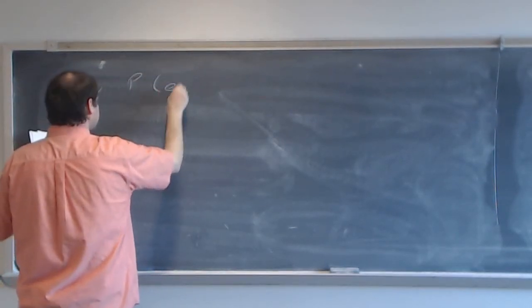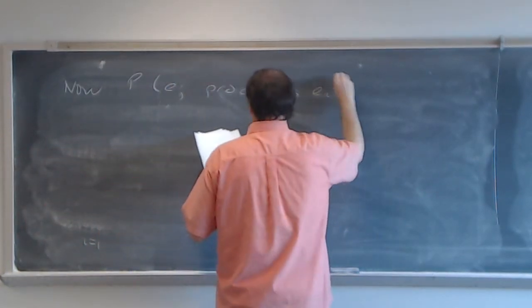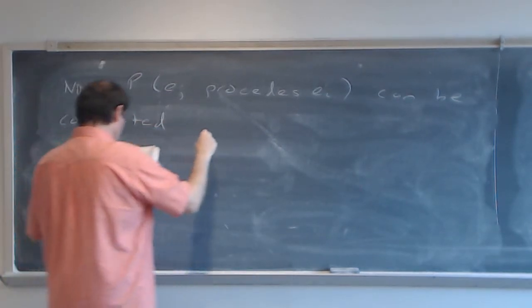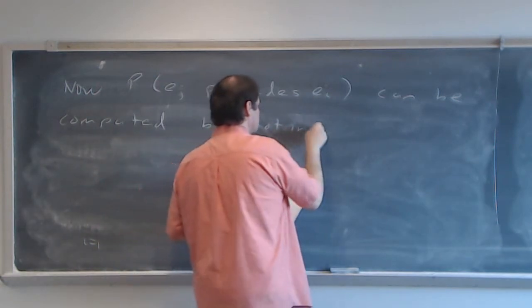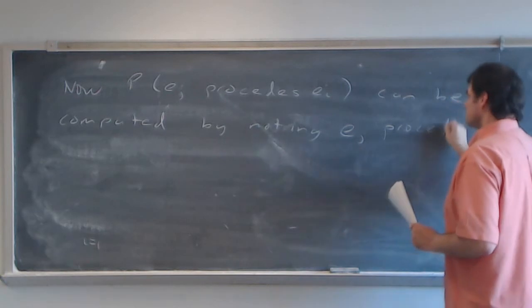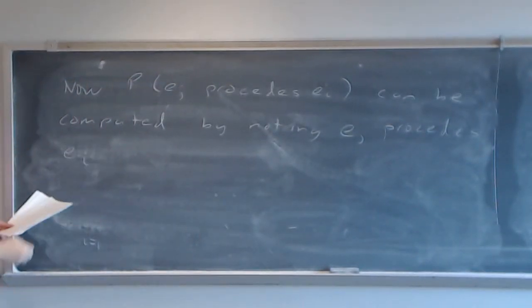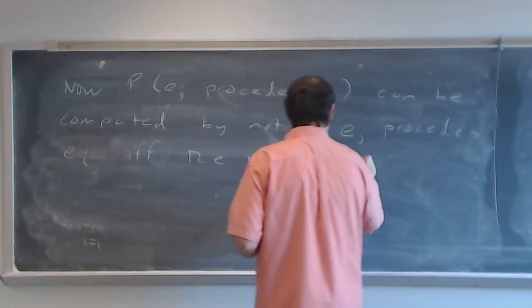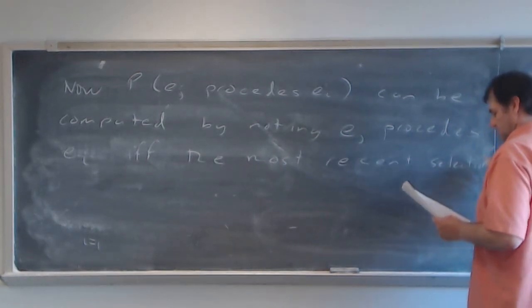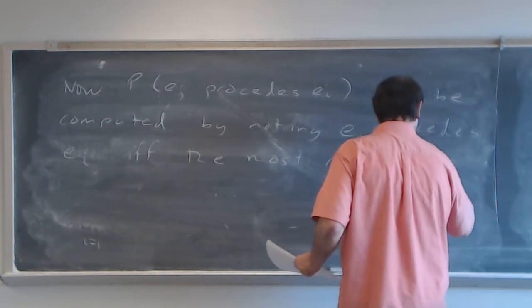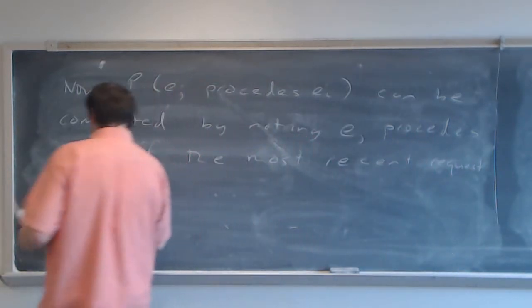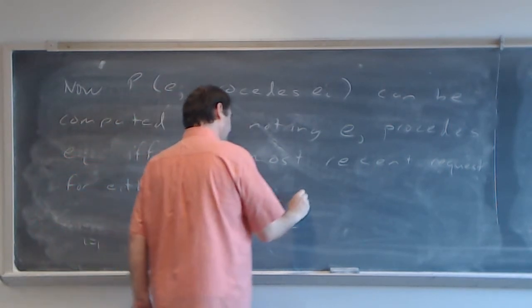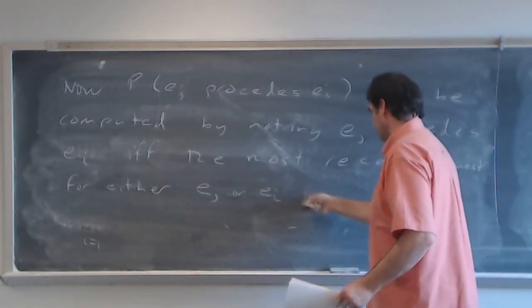Now, the probability that E sub j precedes E sub i can be computed by noting E sub j precedes E sub i if and only if the most recent request for either E sub j or E sub i was for E sub j.